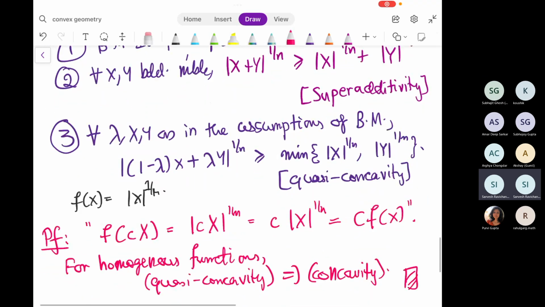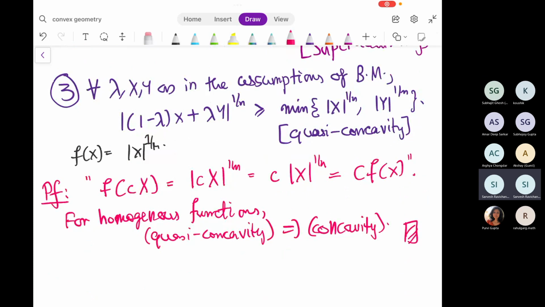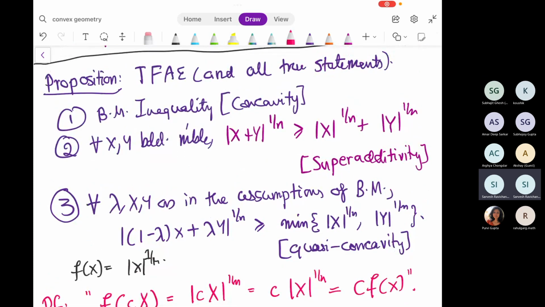The third, on the other hand, is interesting because if you look at 1 and 2, you can't take x and y empty there, for example. The reason is that if you take x as an empty set in statement 2, then x plus y is also an empty set.